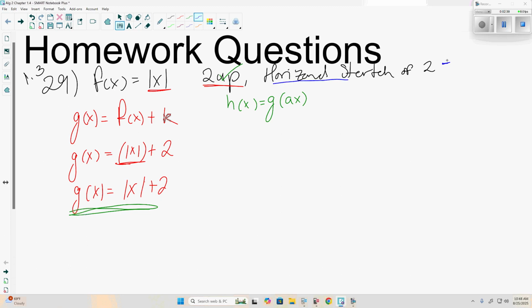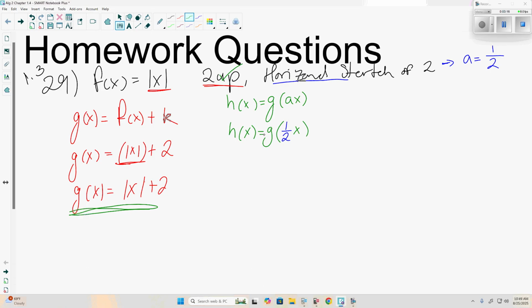Horizontal was the only one where we had to take the amount and flip it. We put it as 1 over that amount. Well, 2 flipped becomes 1 over 2. So the amount we're plugging in for a is 1/2, not 2, because it is a horizontal stretch or shrink. We take whatever number they gave us, flip it, and plug it in for a.